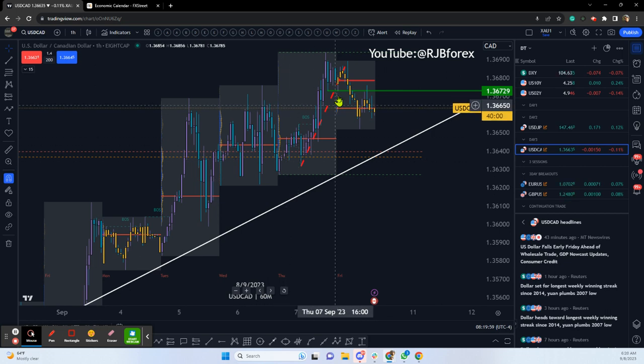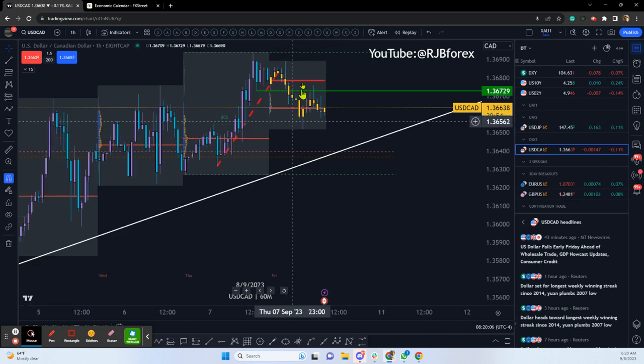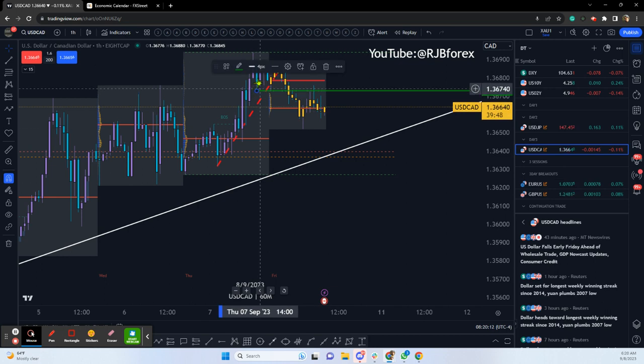The price broke that bullish trend yesterday. Well, it broke it today, but the trend from yesterday. So we are in a bearish environment. That was the structure that it broke over here that I'm going to turn to red to indicate that we're bearish now.